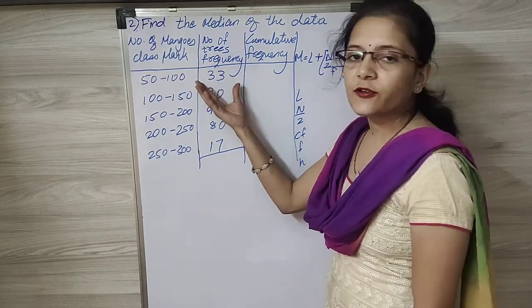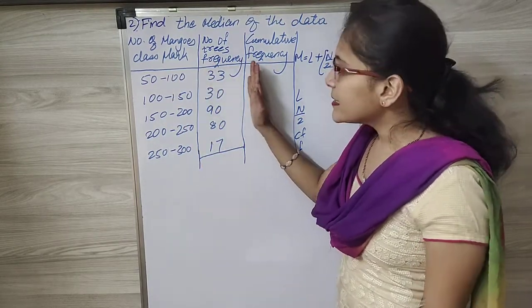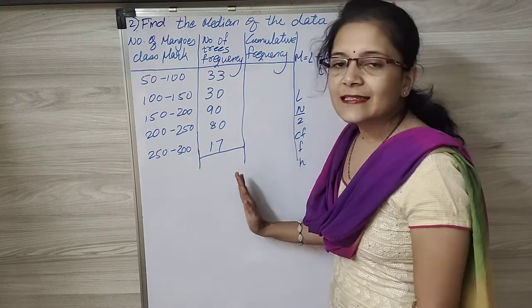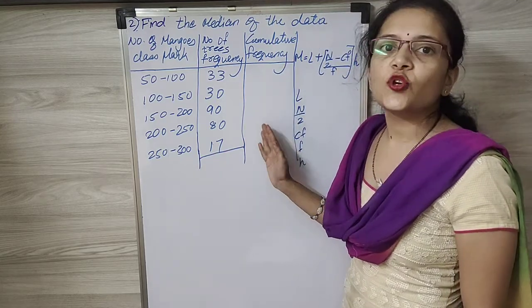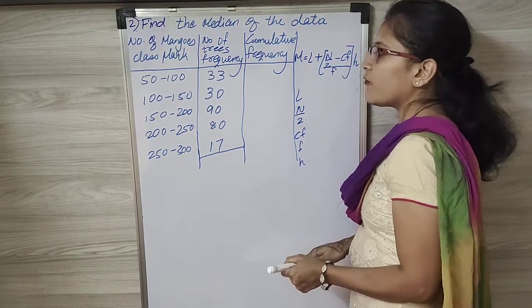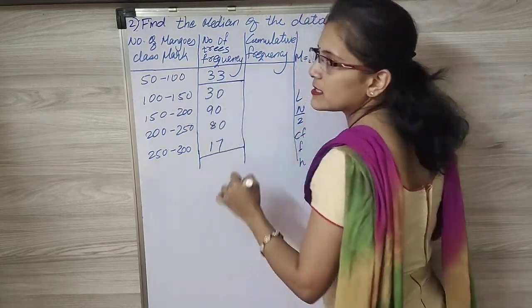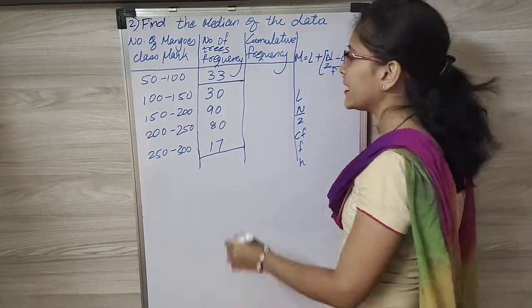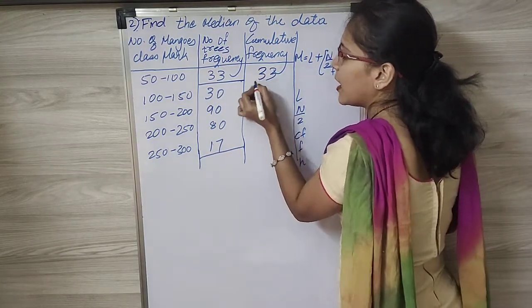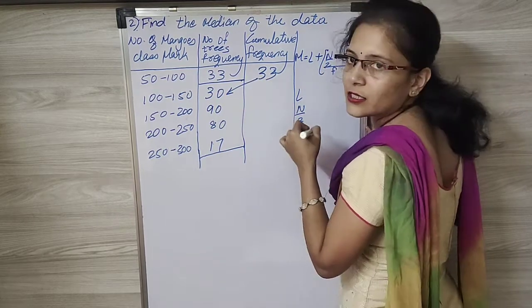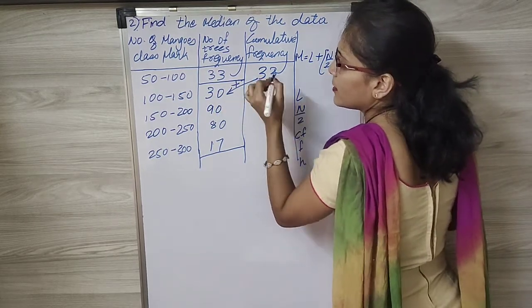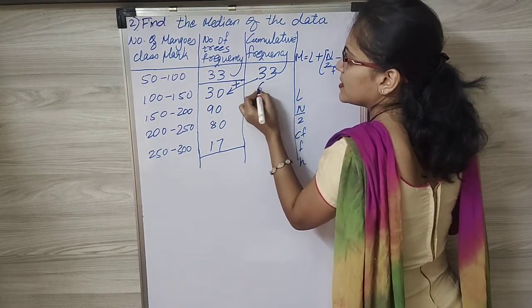Now the number of trees is our frequency: 33, 30, 90, 80 and 17. Now you have to find the cumulative frequency. While finding it, we write the first number as it is, so 33. Now we add 33 with 30, so this becomes 63.